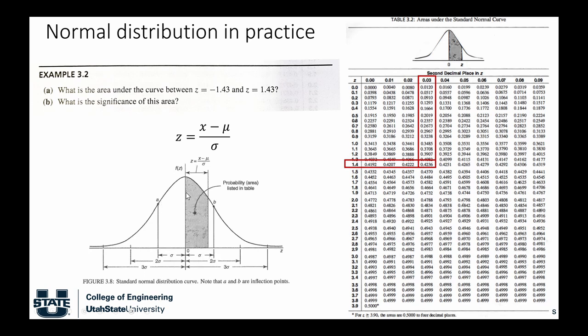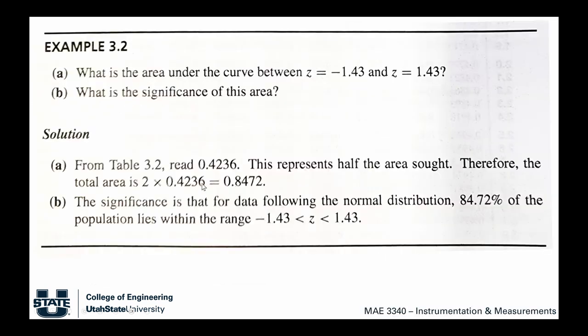So we're saying the probability of something occurring within this range is 0.4236 times 2, or 84.72%. So here's the solution to the problem. From the table, we read this. Therefore, the total area is 0.8472. The significance of that, with the data following the normal distribution, is that 84.72% of the population lies within that range.